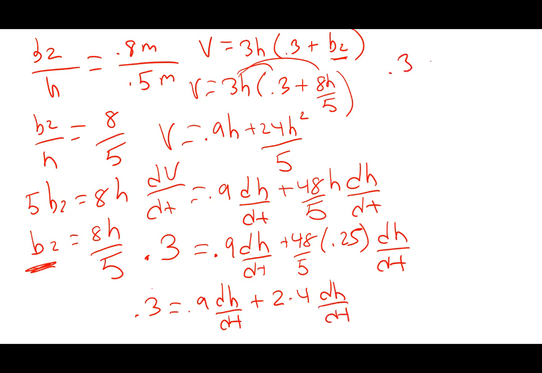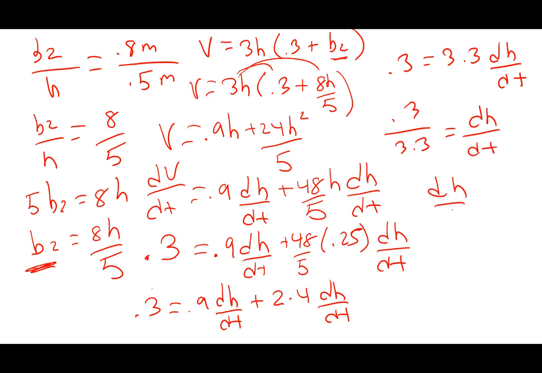Add up all my dH/dt's on the right. So 0.9 plus 2.4 is 3.3 dH/dt, which means if I divide 0.3 by 3.3, that is how I get dH/dt. If you simplify that, dH/dt is equal to 1 over 11, which is about 0.09, and the units would be meters per minute.